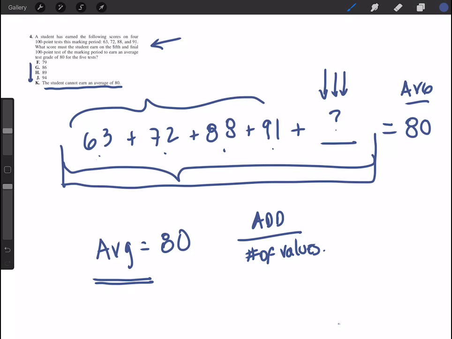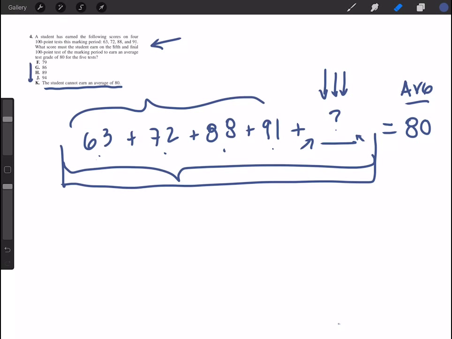So we have this missing test here that the student is yet to take. And the question is, would the student still be able to get an average of 80 for these 5 tests, considering that he still is yet to take this one? So how do we solve this prompt? Well, very simple. If the average is found by adding all of the values, and this is a question mark, we'll call this x.